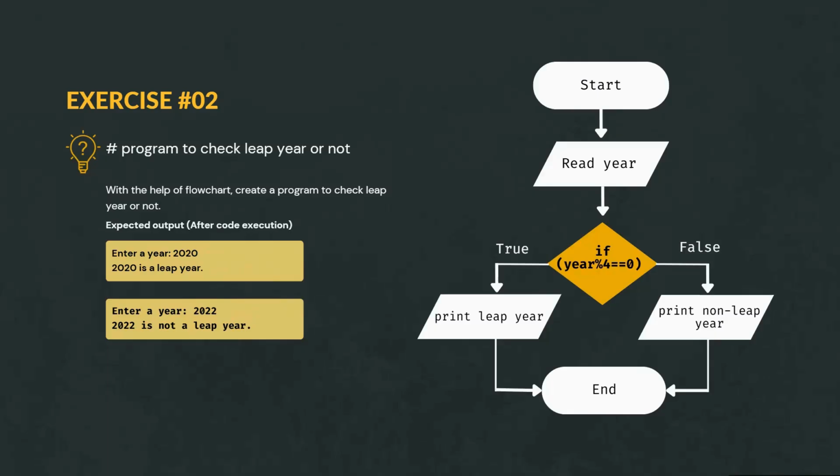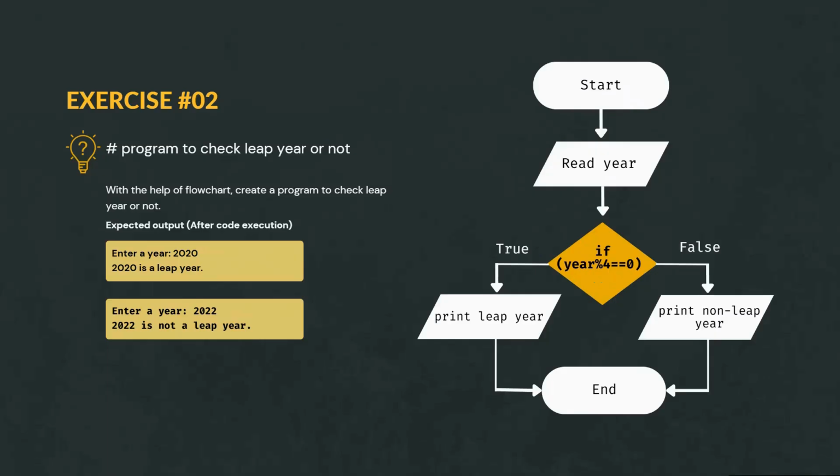So before writing any code, let's break the logic down using this beautiful flowchart. So this actually means it will get the year, and if the year is divisible by 4, then we are considering it as a leap year because a leap year has 366 days.